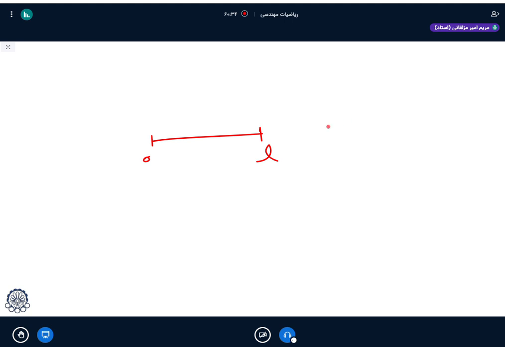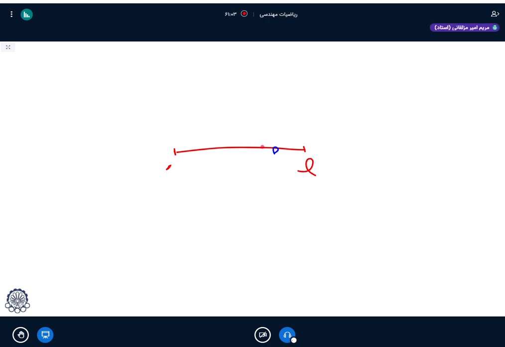We place a point in this line, for example, a blue point. This point may be here, or here, or here.